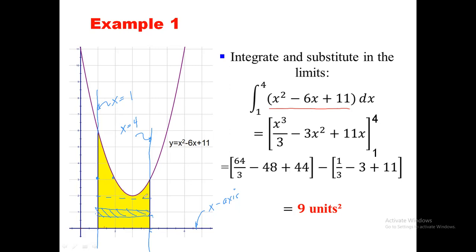The length of your differential element would now be the difference between the x of this particular curve and the x of this line, whereas in this particular region, it's the x of this line and the x of this line. So it's inconsistent.